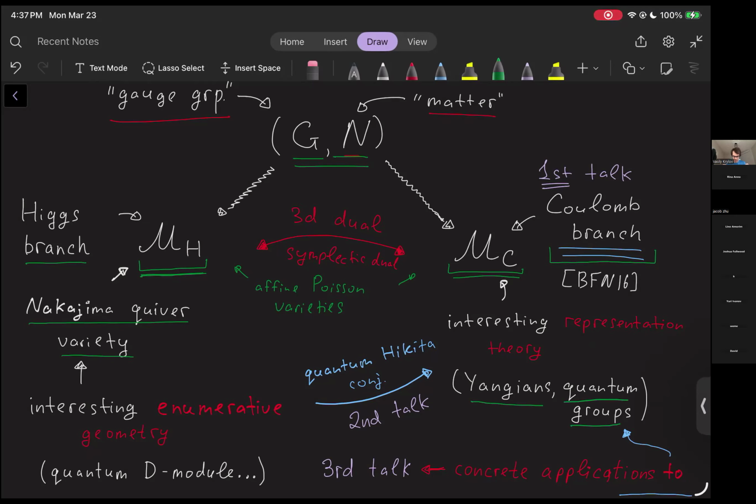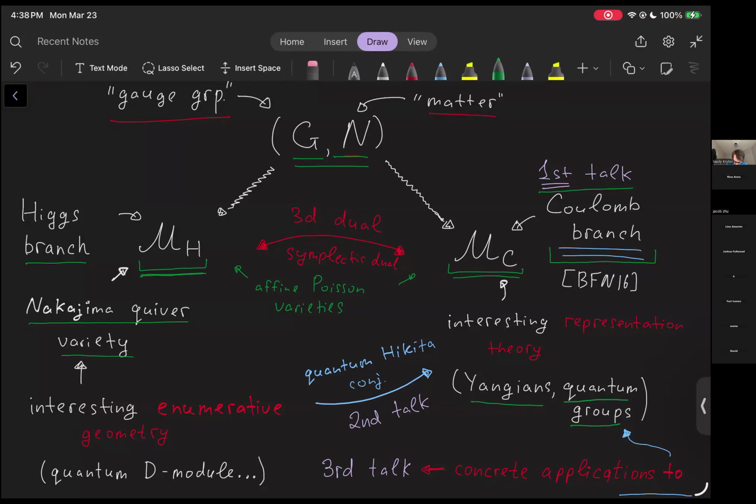And 3D mirror symmetry somehow relates these two different structures, enumerative geometry on one side and representation theory on the other side, roughly speaking. My plan for today: in the first talk, I will just discuss the Coulomb branches. So this will be more of an introductory talk.